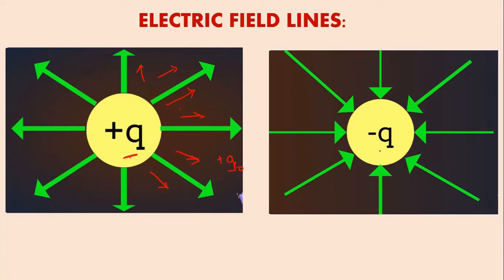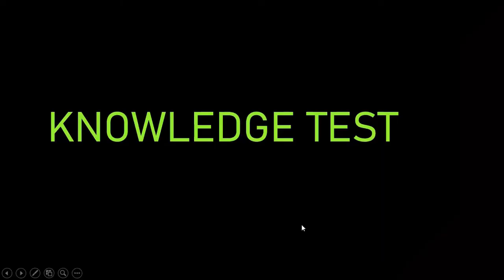But if we have a source charge as negative and a positive test charge, mind it, here we have taken a test charge as positive, so there will be an attractive force acting on this test charge, so electric field lines will always be pointing towards the negative source charge. Keep this in mind. For a negative source charge, the electric field lines are towards it.